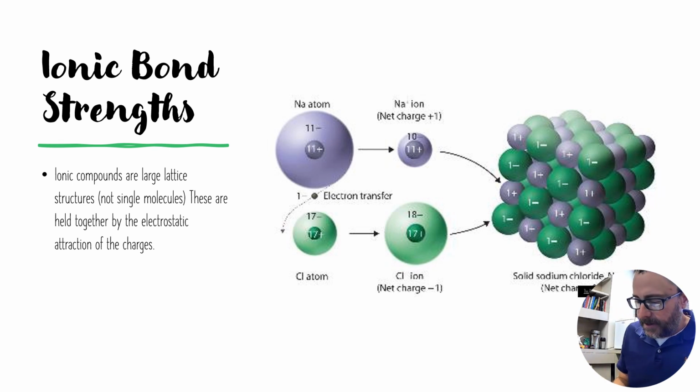But what I want to point out is that the strength, which I'm going to give the symbol E, is equal to some sort of constant. In chemistry, we give things constants, so I'm going to give this the constant K.